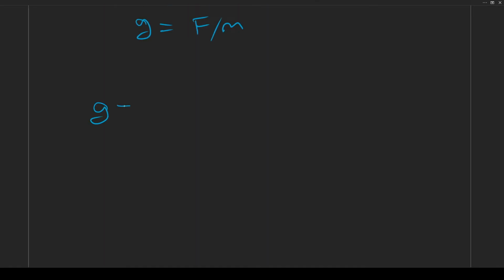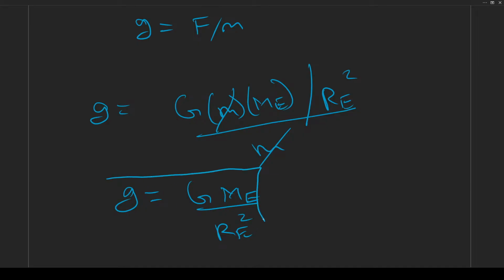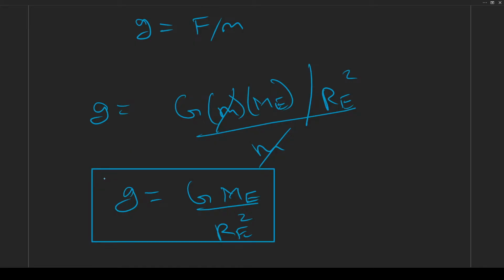So we get g equals G m me by Re square by m. This m cancels. We will get g equals G me by Re square. This is the acceleration due to gravity formula, on the surface of Earth.